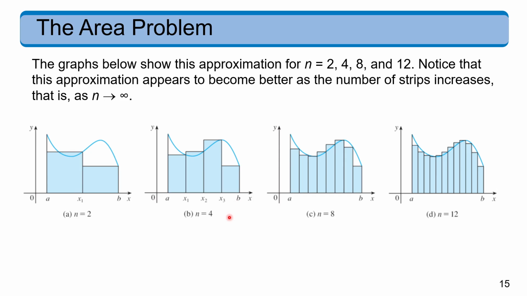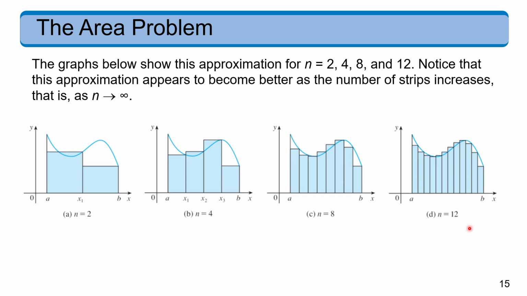If we go to 4 rectangles, we divide our interval into 4 equally spaced subintervals. Use the right endpoint for each one to determine the height. It's a little bit better, but still some pretty big gaps there. If we go to 8 rectangles, you can see it starts to fit the curve better. Here's 12 rectangles, even better. So we saw this idea earlier, right?